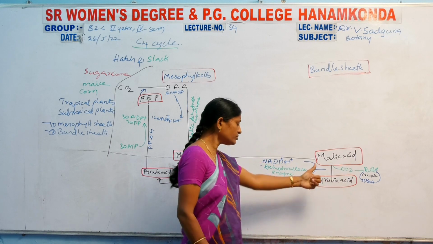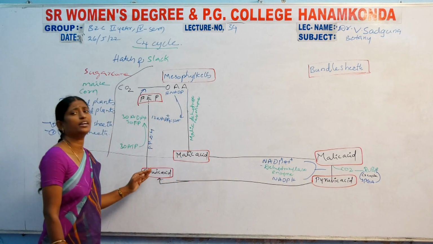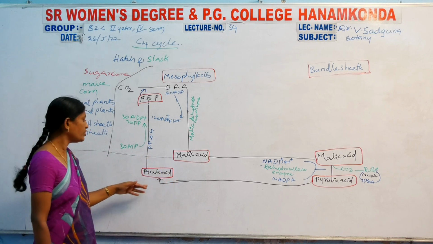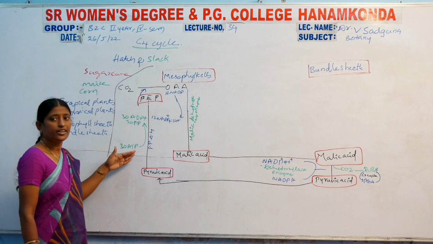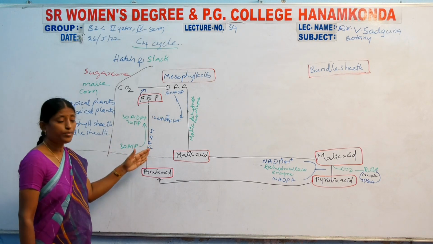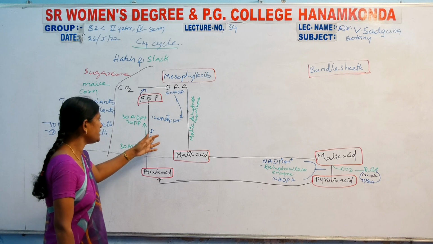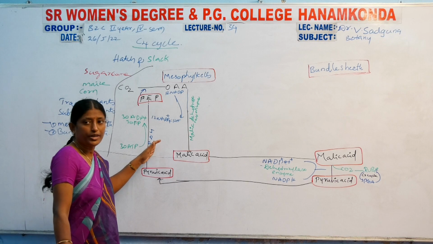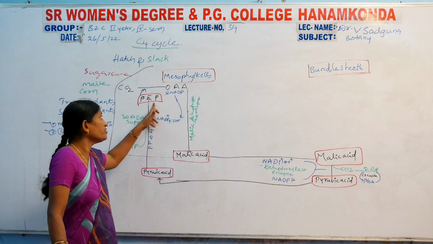Okay. Then the reverse of the pyruvic acid goes on completely in the mesophyll sheath. The mesophyll sheath also produces pyruvic acid. Then the pyruvic acid is converted into phosphoenol pyruvic acid in the presence of the pyruvic phosphate dehydrogenase enzyme.